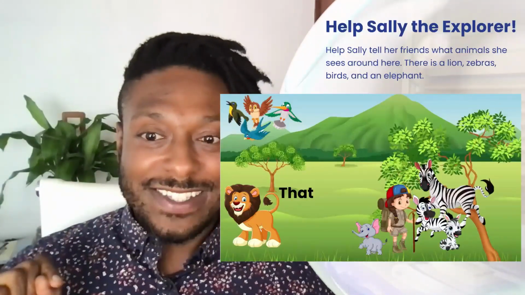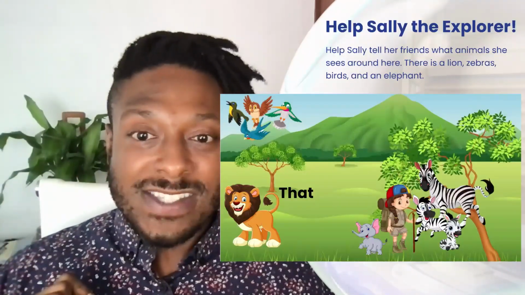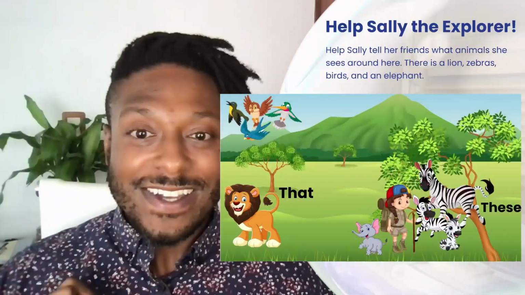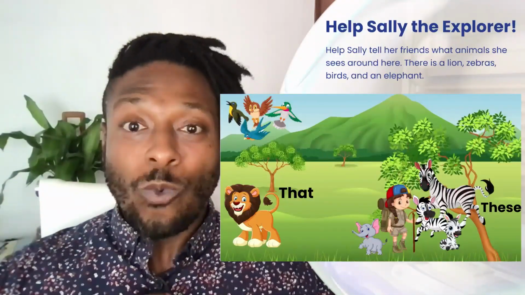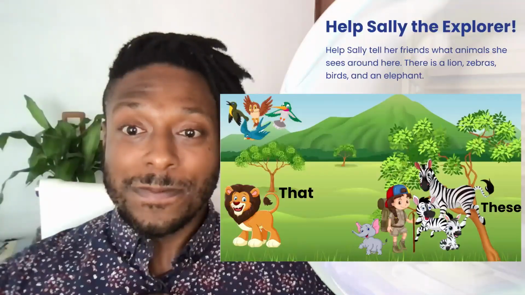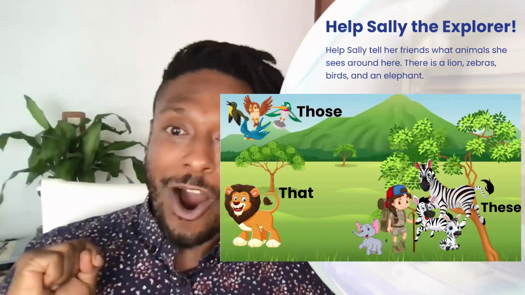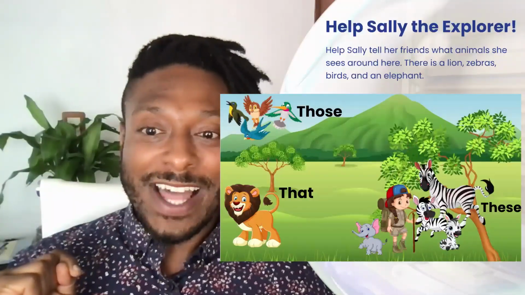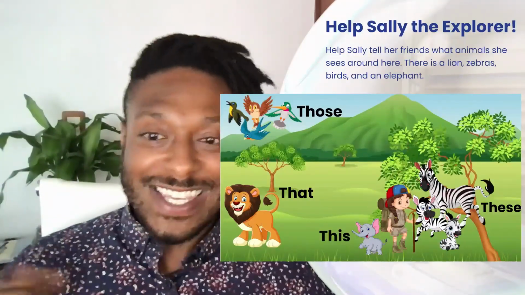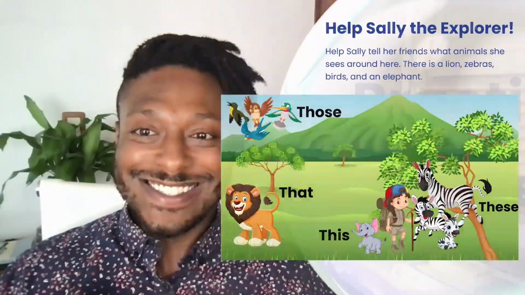That is a lion. What about the zebra? These are zebras. What about the birds? Those are birds. And lastly, what about the elephant? This is an elephant.